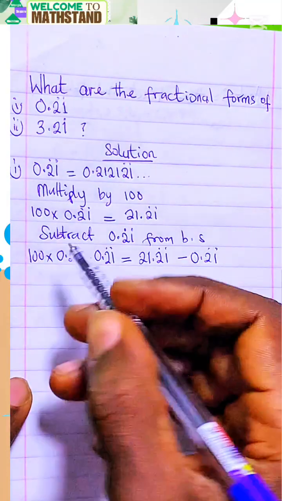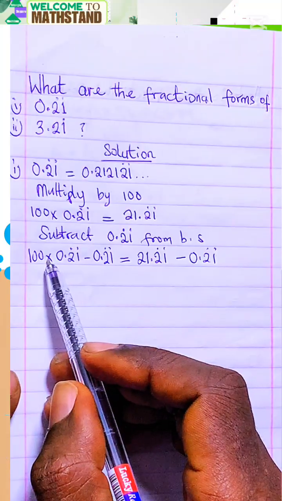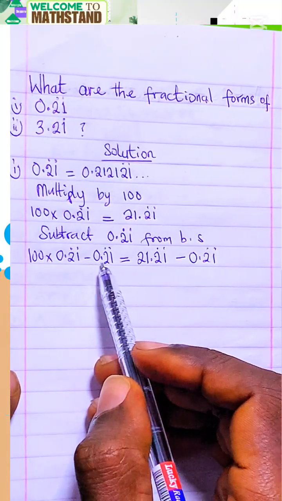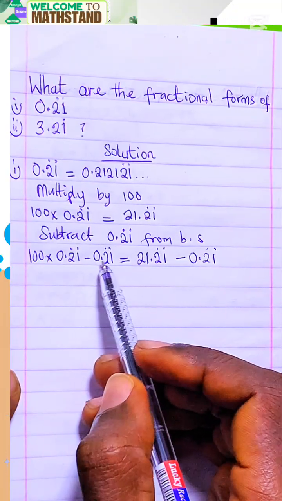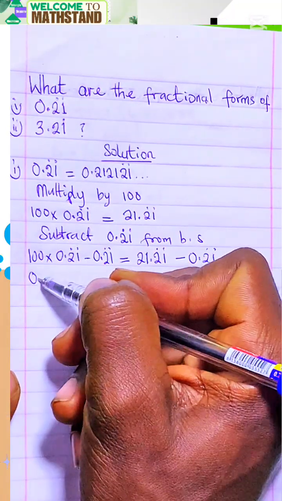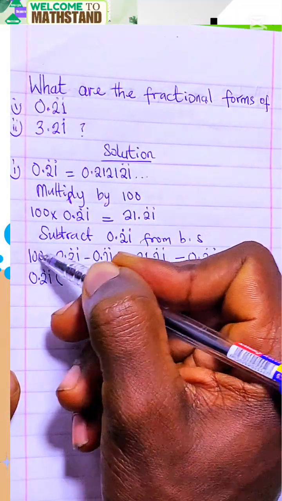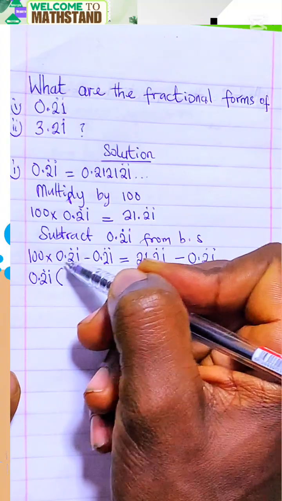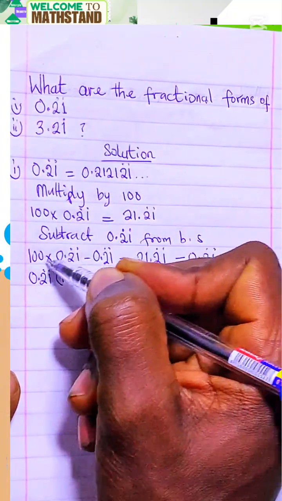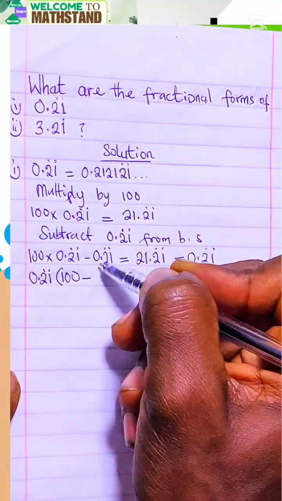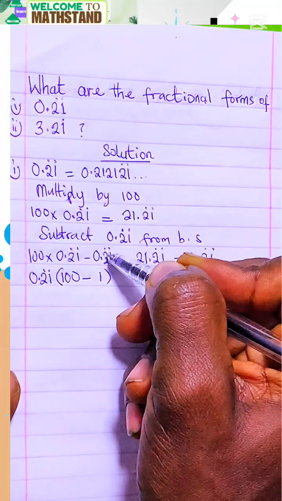So from here we have 2 terms with multiplication sign, and what we need to look at from these 2 terms is that we have 0.21 that is common. So let us bring out 0.21 that is common. When I bring out 0.21 here, what will be left in the first term will be 100, because 0.21 times 100 will still give me 100 times 0.21. And here if I bring out 0.21, I will have 1. That is 0.21 times 1 will still give me 0.21.